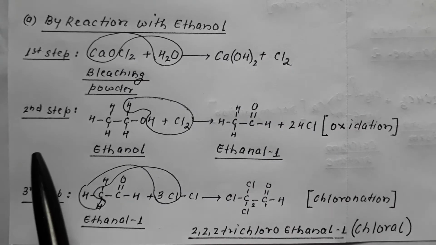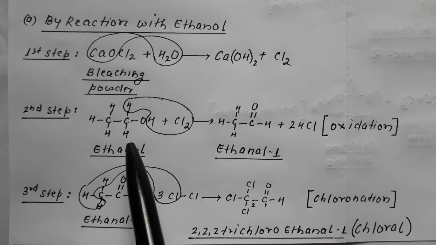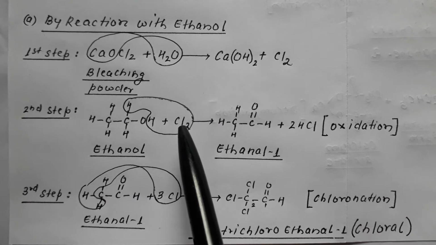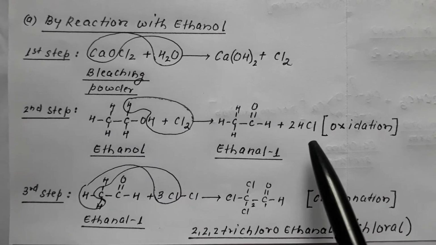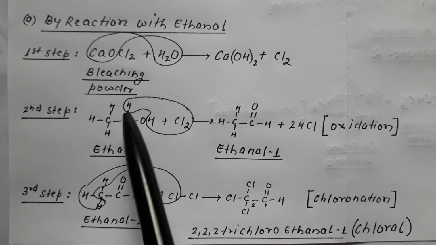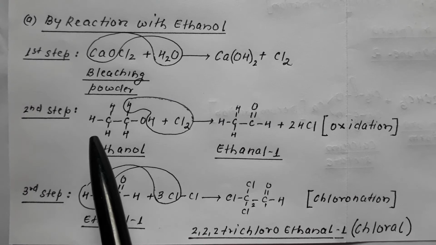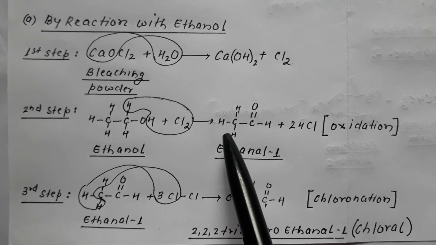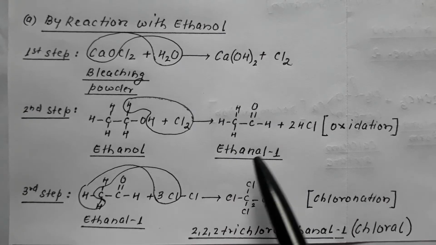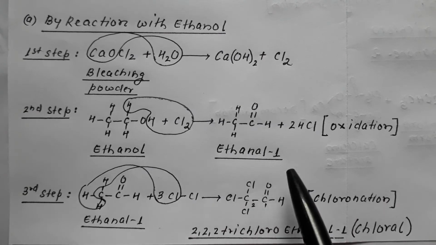Now in the second step, the molecule of ethanol reacts with chlorine. 2H and 2Cl go in the form of 2HCl, and the resultant is CH3CHO. 2 carbon means eth, single bond means an, aldehyde means al at number 1.